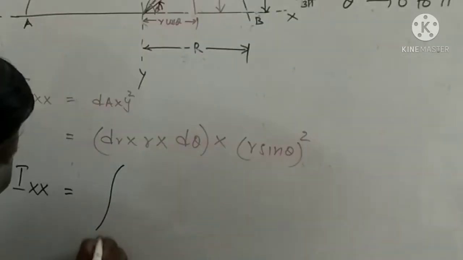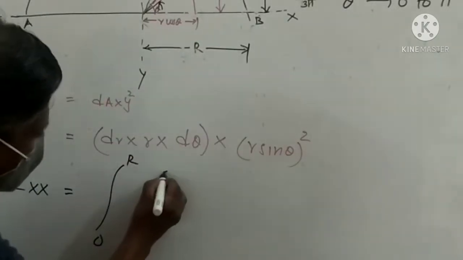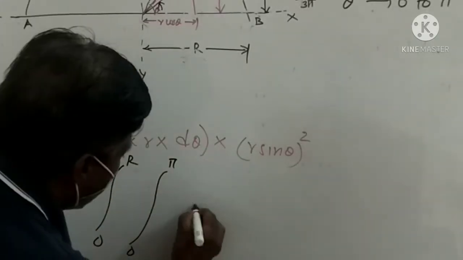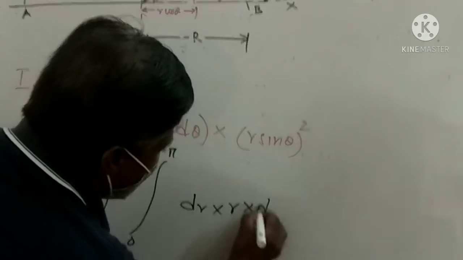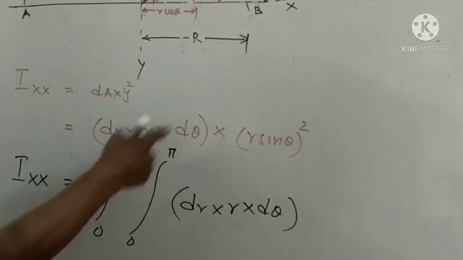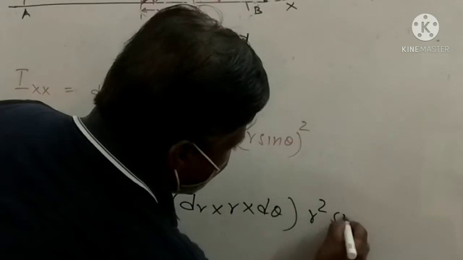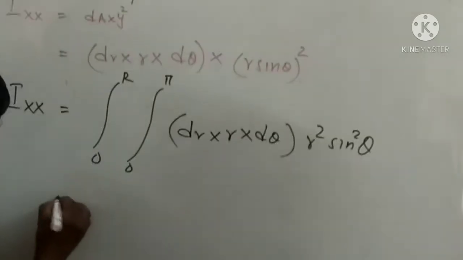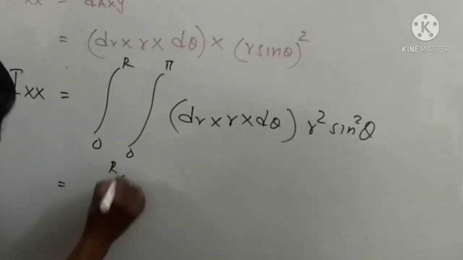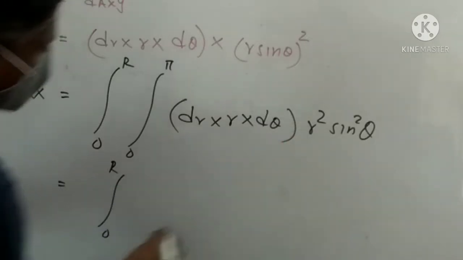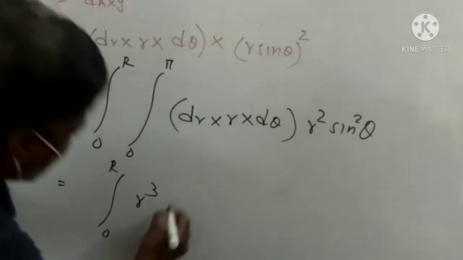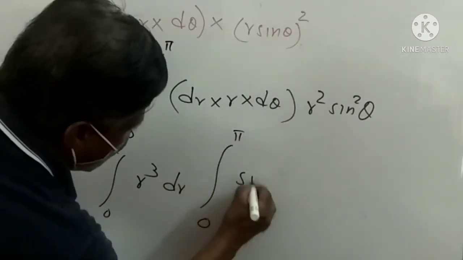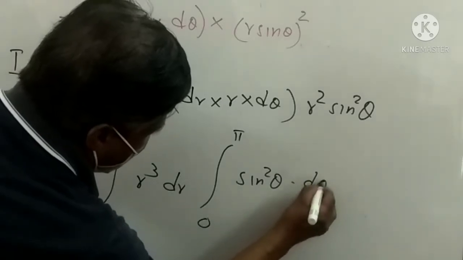That is dr into r into d theta into r square sin square theta. The r parameters we take outside: integral from 0 to r of r cube dr, into integral from 0 to pi of sin square theta d theta.